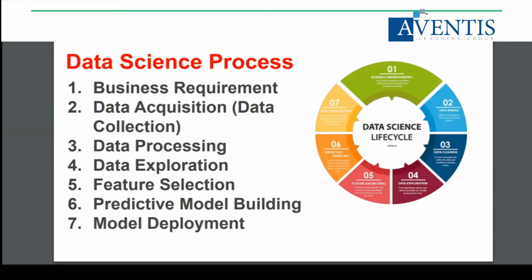It's not just any data; you need data which can solve the problem. The third one: most of the time, raw data is very messy, with lots of null values, missing values, outliers, and other problems. So the third step is data processing, the most important and time consuming step.